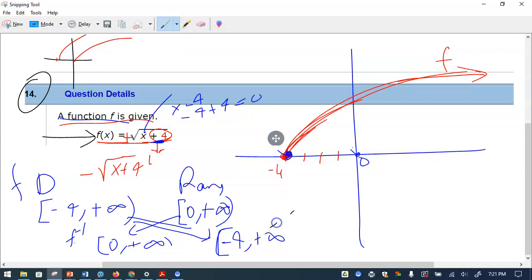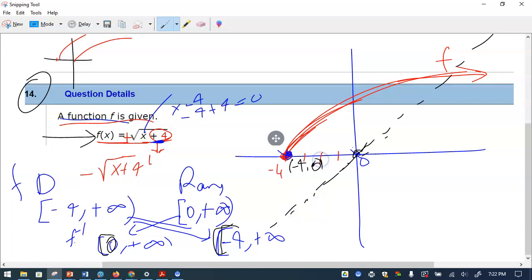A dotted line, y equals x. We need to reflect this whole thing over it. The curve starts at -4, so sorry, at 0, this is where it starts. We can use our knowledge also: this is -4 and 0, and this point reflects over this line.